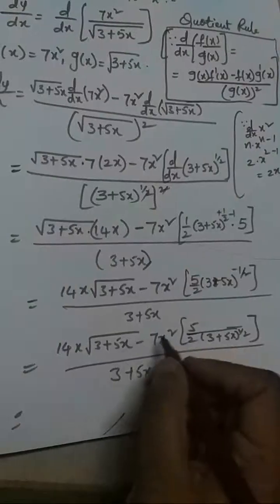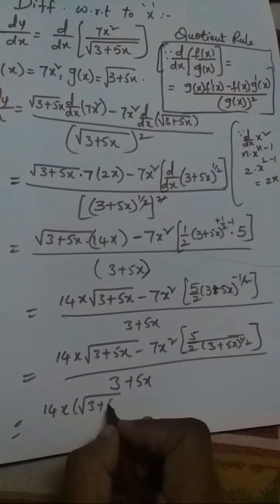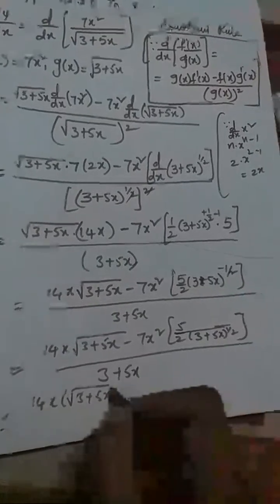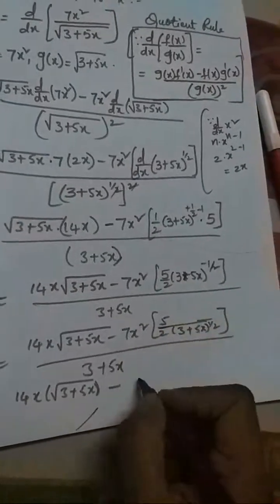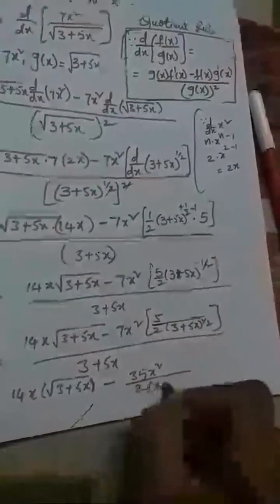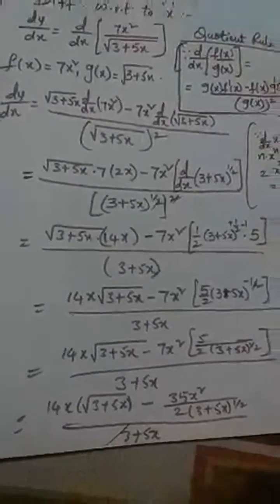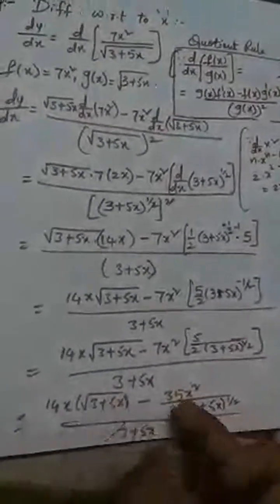Now I am simplifying: 14x under root 3 plus 5x minus 7 times 5 is 35x square by 2 into 3 plus 5x whole power by 3 plus 5x. This is simplified. Now we have to simplify further.